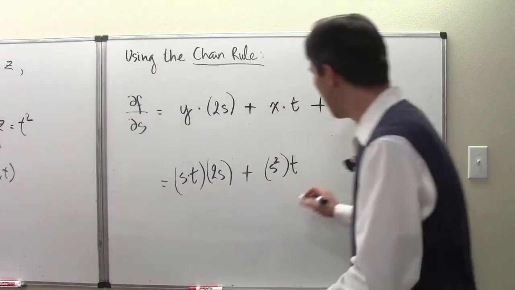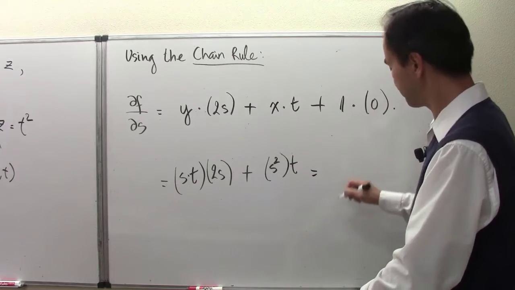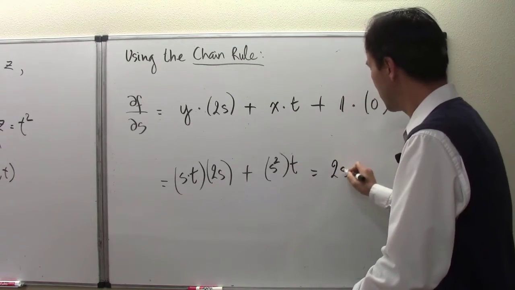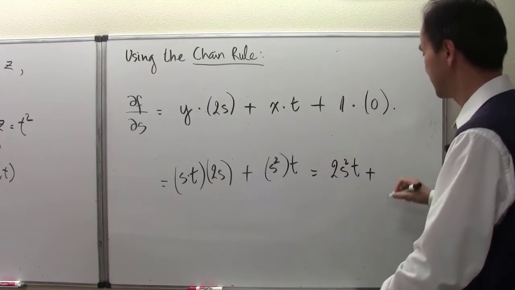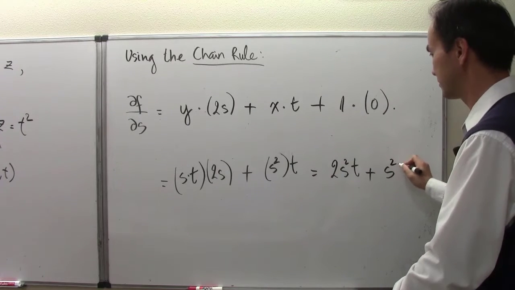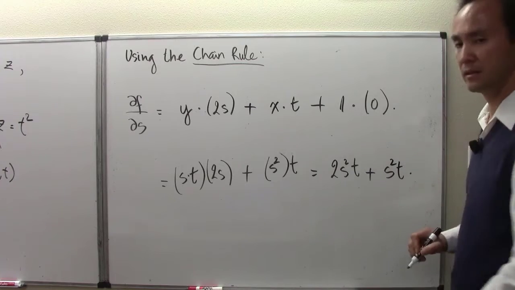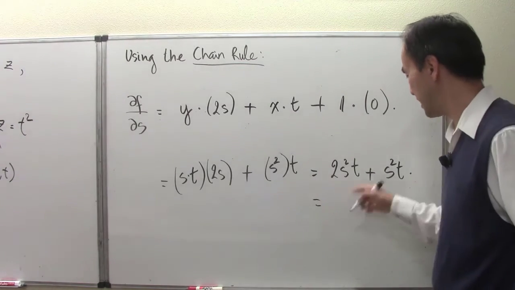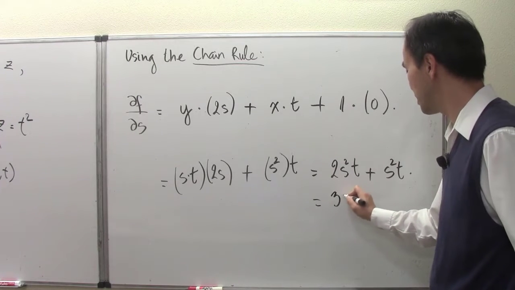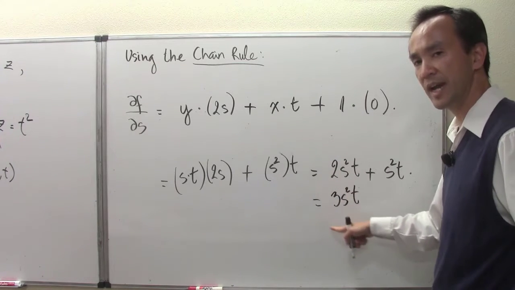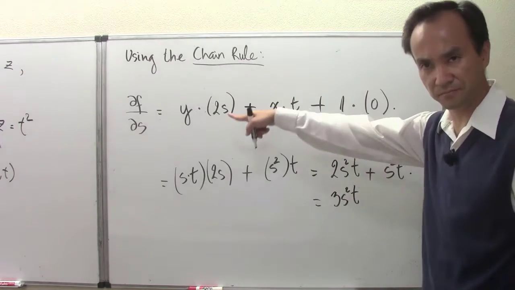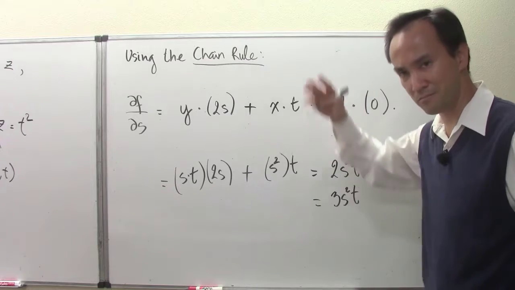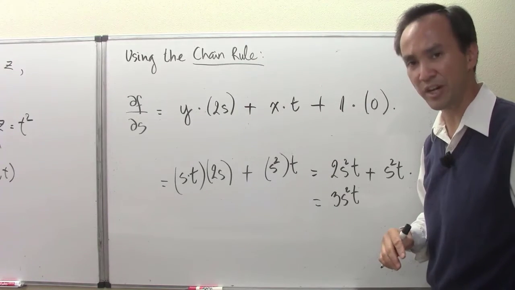So my final answer comes out being 2s squared t plus s squared t, which adds up to 3s squared t. And this is exactly agreeing with the result I got using the earlier method, the method that I brought up and then quickly erased away.